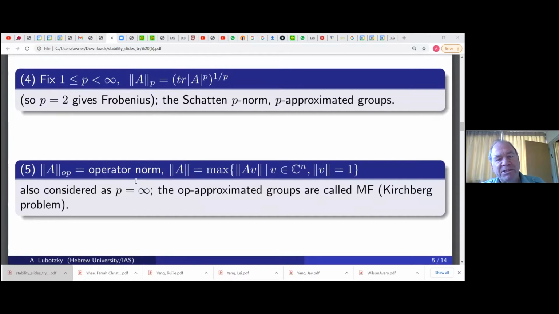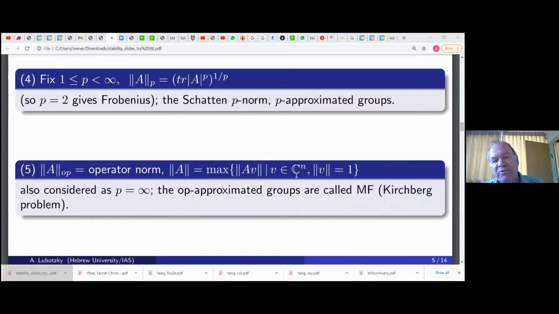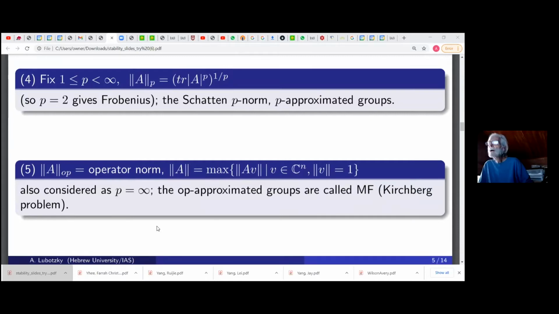Sometimes this is thought of, in some sense, as the limit when p goes to infinity. The operator norm is the standard norm on the matrices, which says that the norm of a matrix A is the supremum of the norm of A(v), where v runs over the vectors of norm 1 in the complex space.